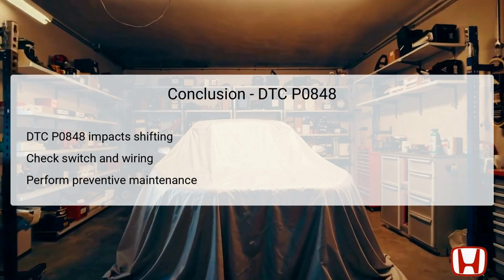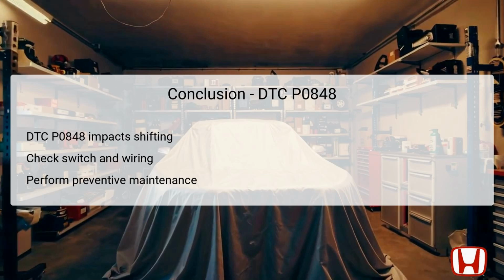In conclusion, addressing DTC P0848 involves a thorough understanding of the transmission fluid pressure switch B and how it interacts with the overall transmission system. This error often results in restricted gear shifts, leading to drivability concerns. Correct diagnostics will focus on evaluating the switch, its connections, and wiring integrity.